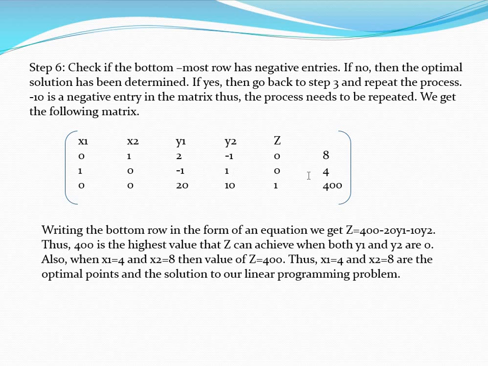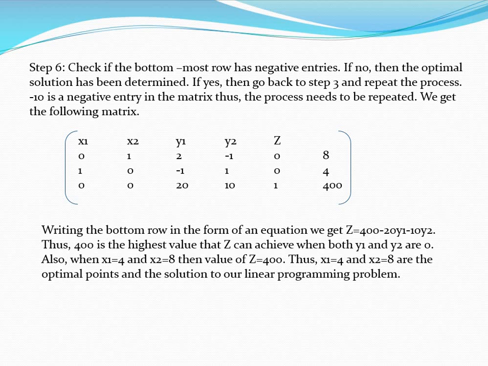When x1 is equal to 4 and x2 is equal to 8, we will get z as 400. Thus we have to give the answer as x1 equal to 4 and x2 equal to 8 are the optimal points and the solution to our linear programming problem.